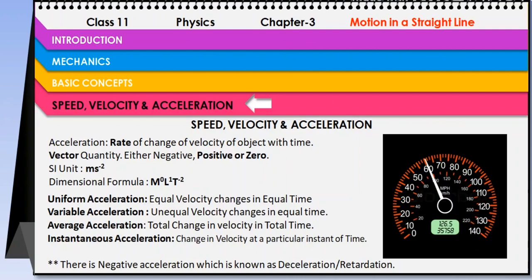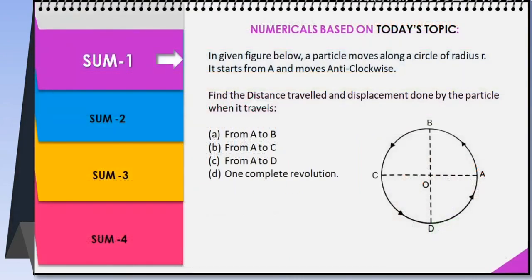So let us start. Sum number 1: in the figure given below, a particle is moving along a circle of radius r. So OA, OB, OC and OD will be your radius. You can write r over here.